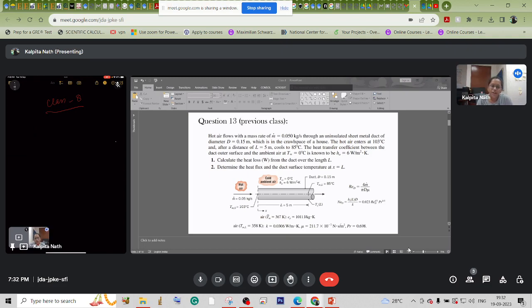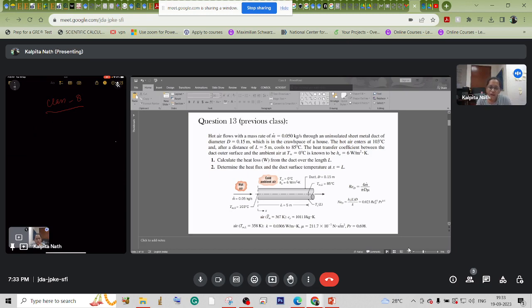The hot air enters at a temperature of 103 degrees Celsius, and after a length of 5 meter, it cools down to 85 degrees Celsius. The heat transfer coefficient between the duct outer surface and the ambient is H naught, and the ambient temperature is 0 degrees Celsius.